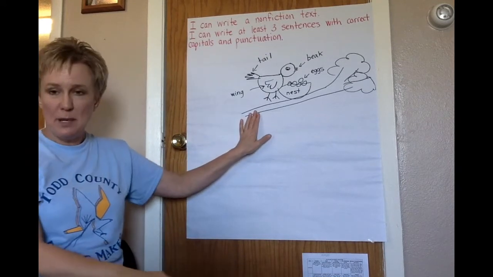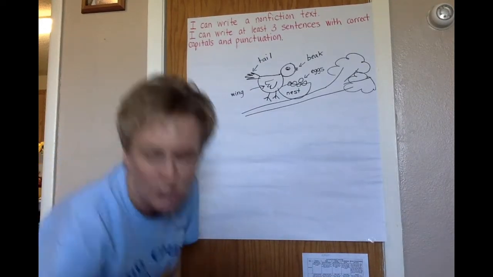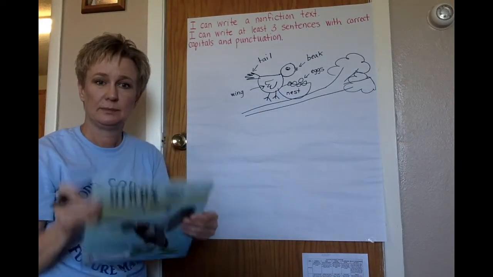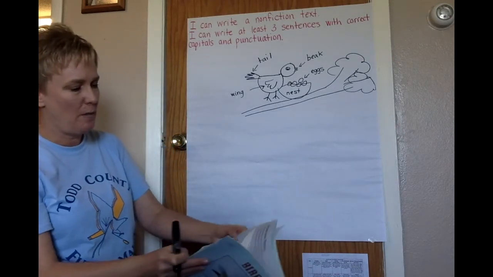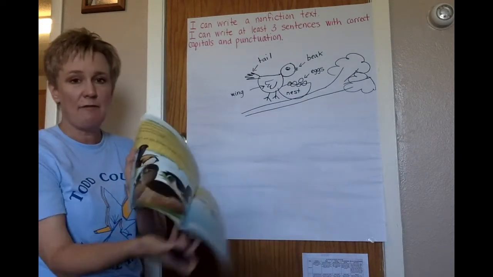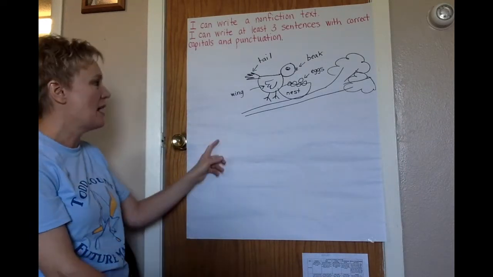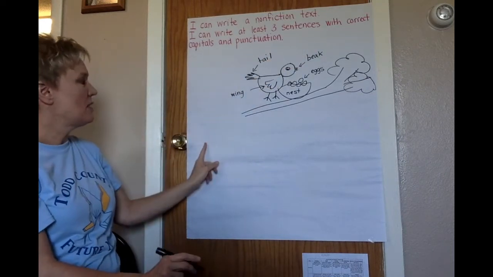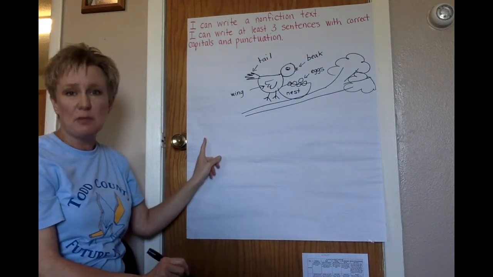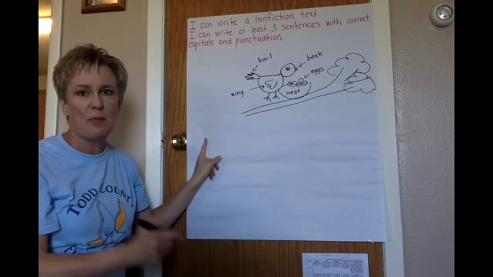What do you remember about birds from our book that Miss J read? Right, it says in here that all birds have feathers and wings. So that's a fact we can include in our writing. So we know that we have to start with correct capitals. So I'm going to start with a capital A, and I'm going to write the word all. All is one of our word wall words, so we should have it in our brain.